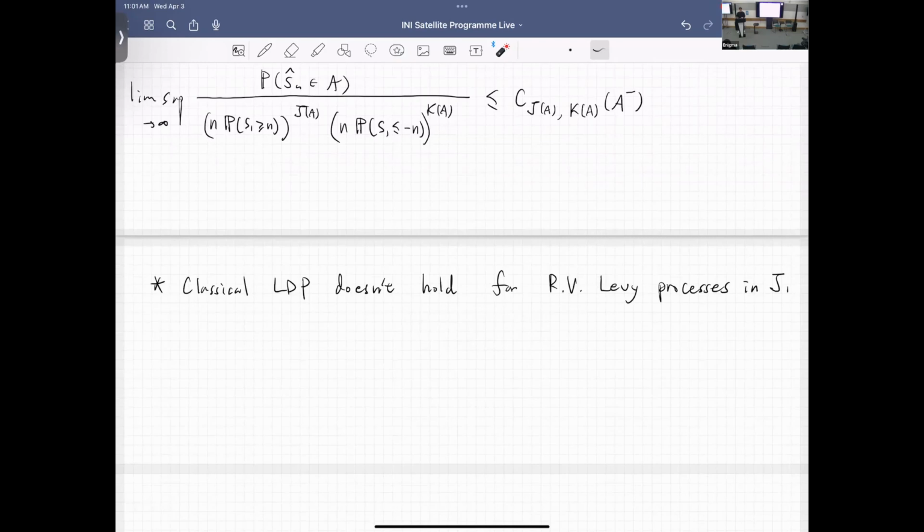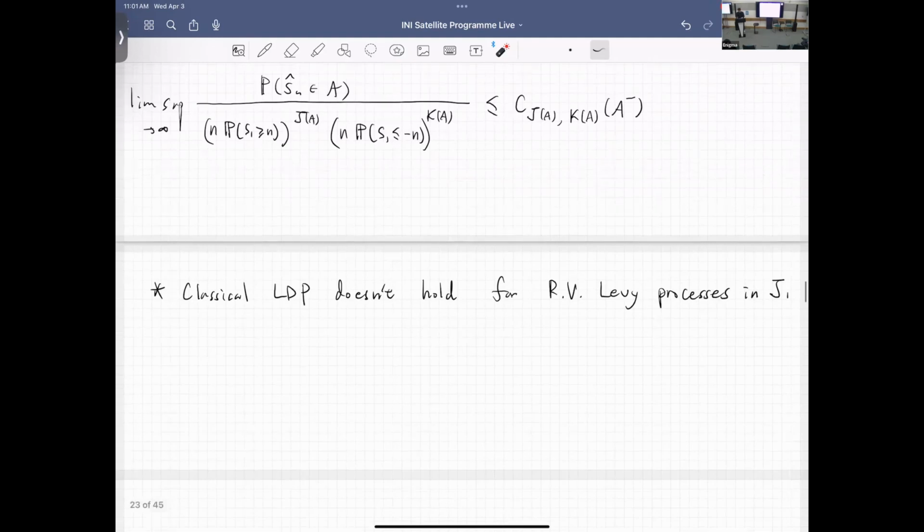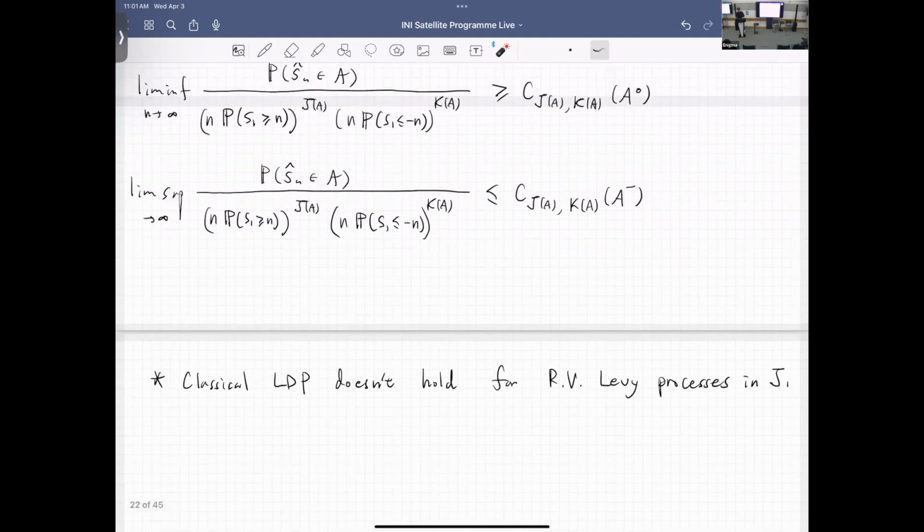So it's not like there are Levy processes for which the classical large deviation principle doesn't hold. It's more like for J1 topology, no Levy processes satisfy classical LDP. So this is a fundamental limitation of the classical framework. So this framework seems to be indeed the right one for regularly varying processes.